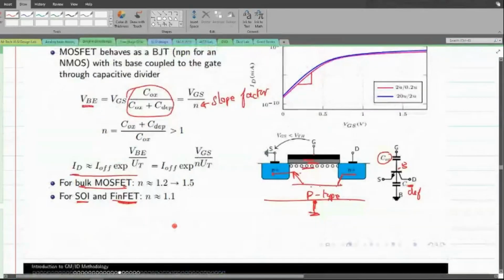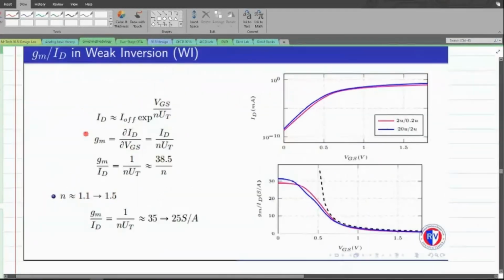Now using this current equation, I want to calculate the GM over ID term. To do that, I first have to take the derivative of this current expression. When I do so, we end up with a GM that is directly proportional to ID, but scaled down by a factor of N times UT. What does it mean?